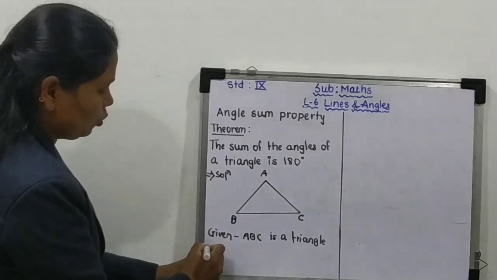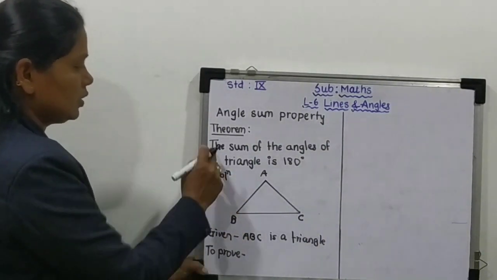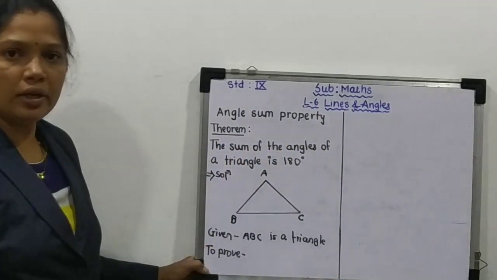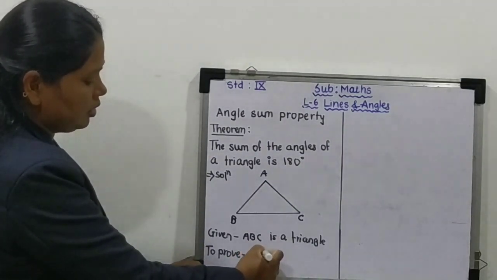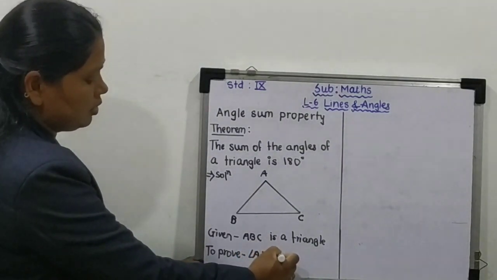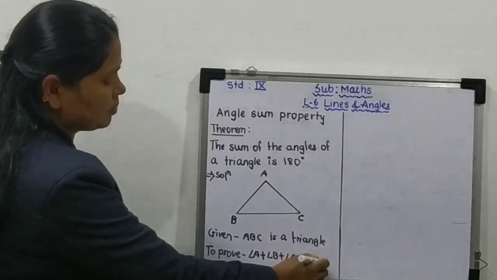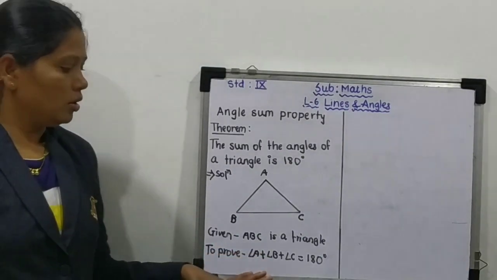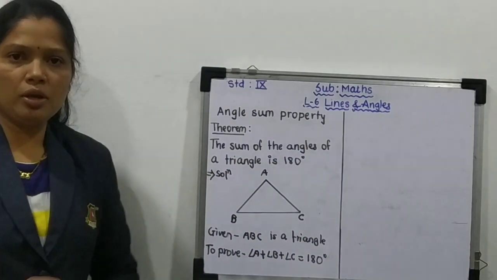Now, what is to prove? The sum of the angles of a triangle is 180 degrees. So we will write here angle A plus angle B plus angle C is equal to 180 degrees.